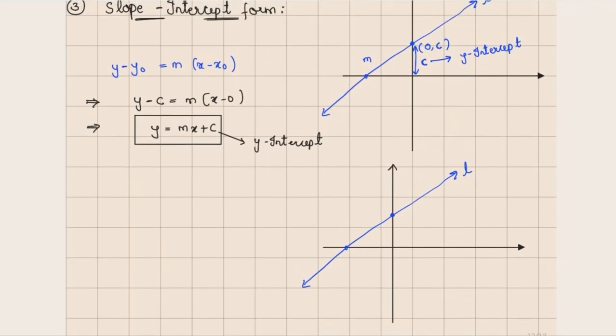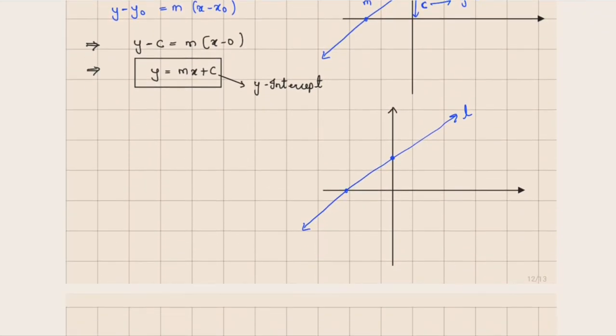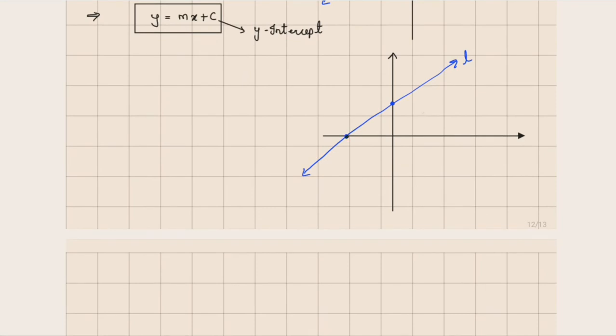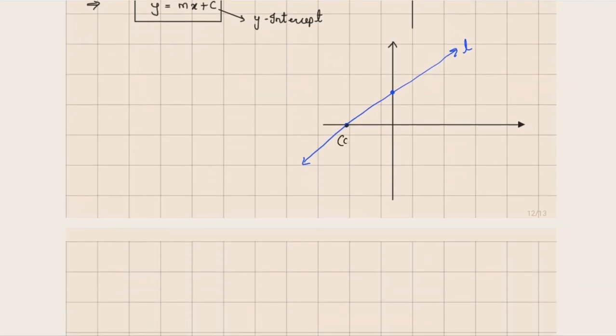For the y-intercept, what I said is where it intersects the y-axis, that length is called y-intercept. Similarly, it intersects x at some point a comma 0, or let's use the same denotation, c comma 0. So this length, which is c, is called x-intercept.